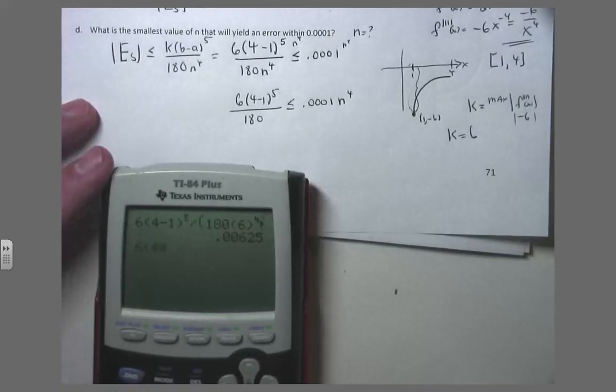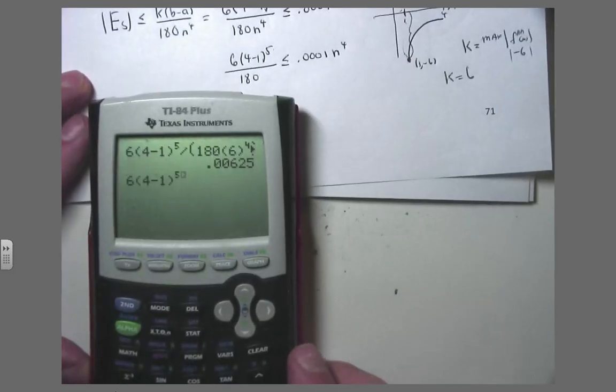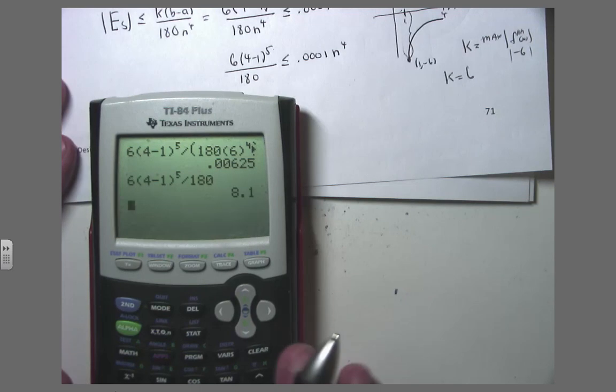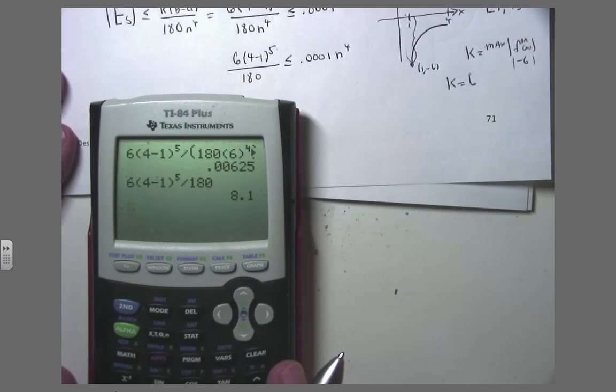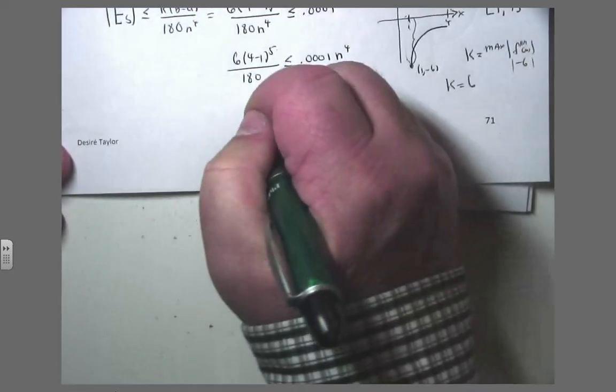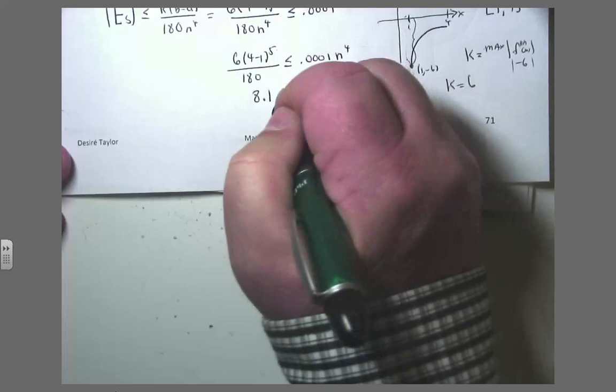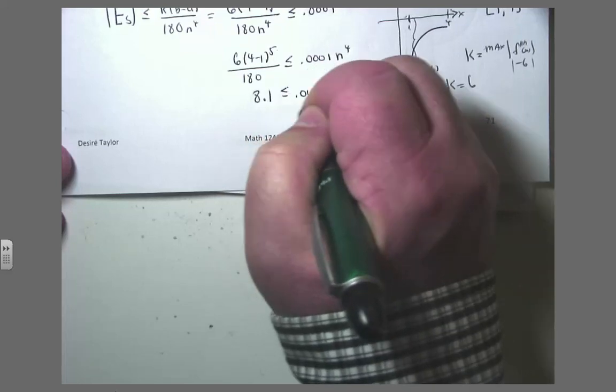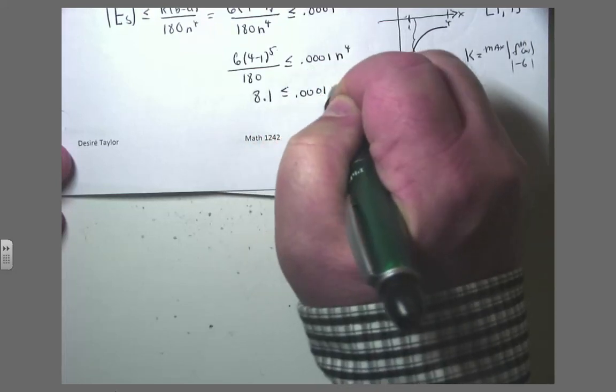6 times (4 minus 1) to the 5th, divided by 180. I got 8.1. Did you guys get that? So I've got 8.1 is less than or equal to 0.0001 times n to the 4th.